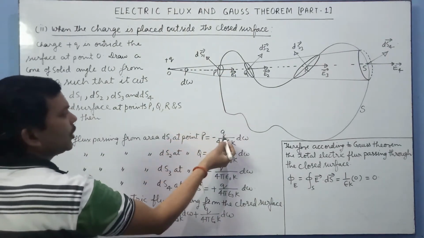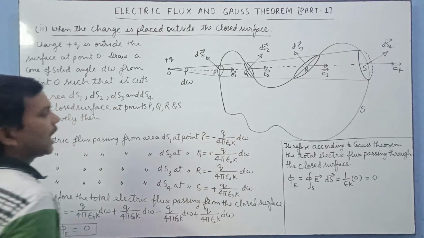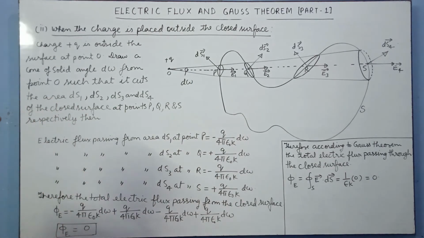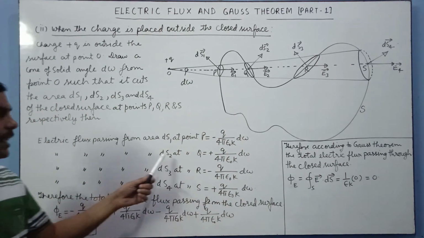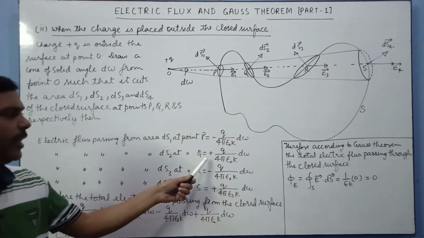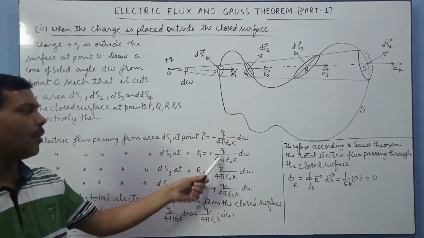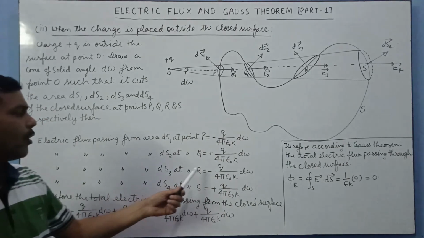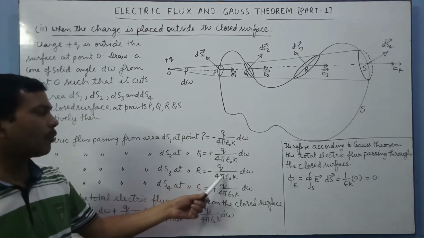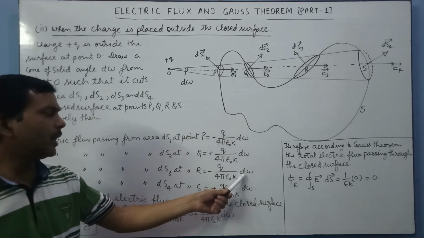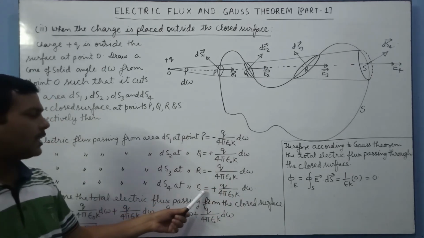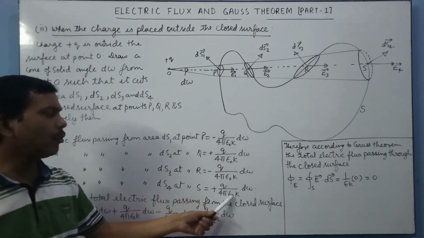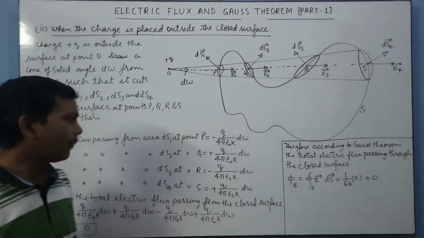The flux will be minus q/(4πε0 k) dω. Similarly, the electric flux passing through area ds2 at point Q will be plus q/(4πε0 k) dω. Similarly, flux at point R is minus q/(4πε0 k) dω, and at point S it will be plus q/(4πε0 k) dω.